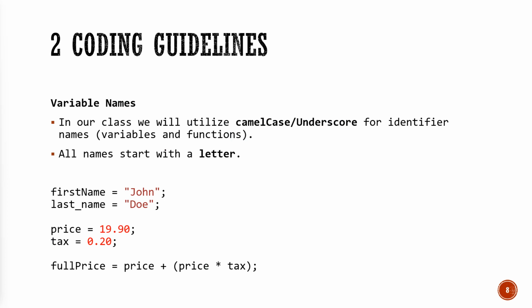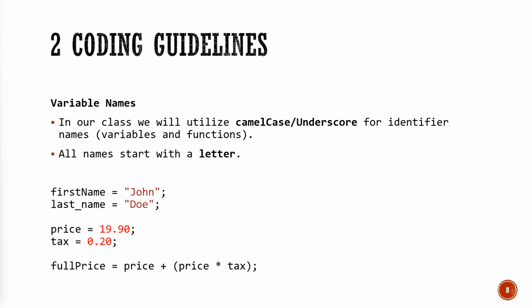So we will be following these guidelines in our journey with data structures and algorithms. The first to be considered is utilizing camel case or underscore for variable names. We have here an example: variable firstName is equal to John.